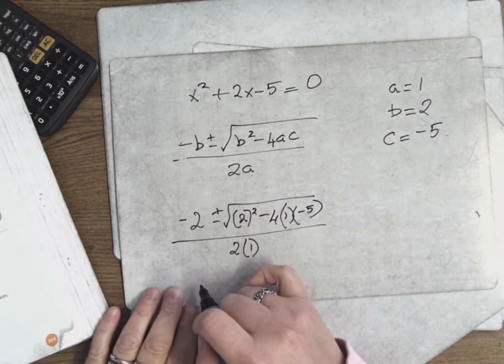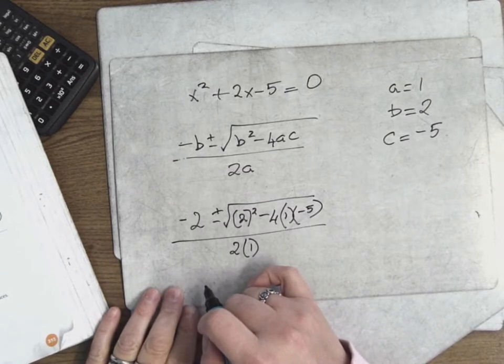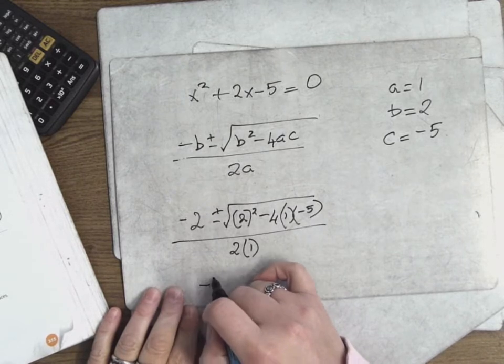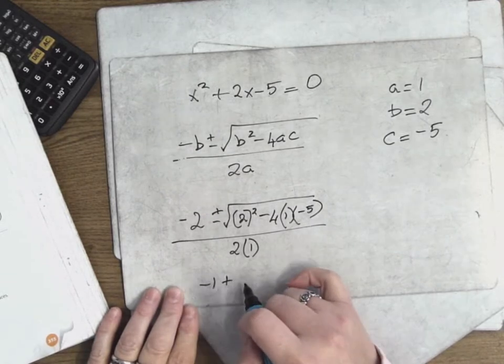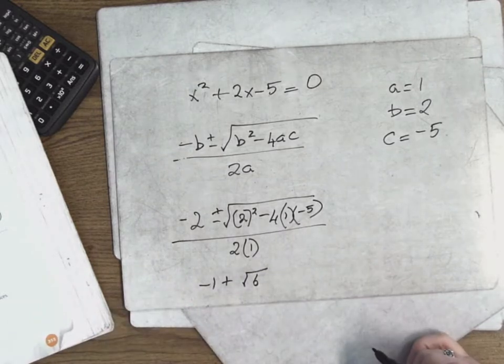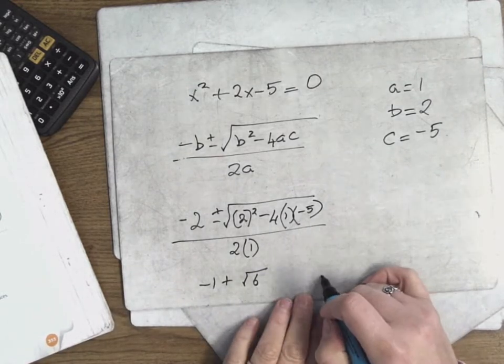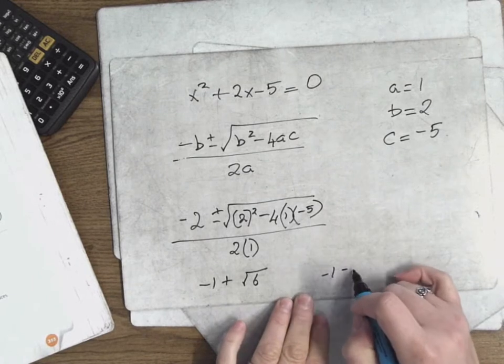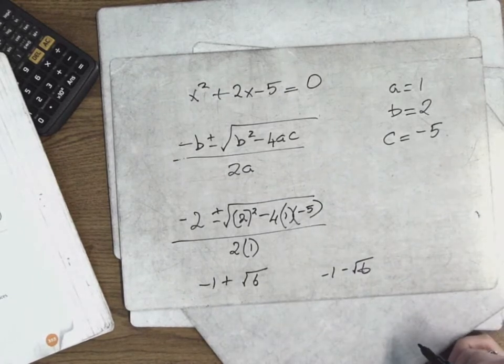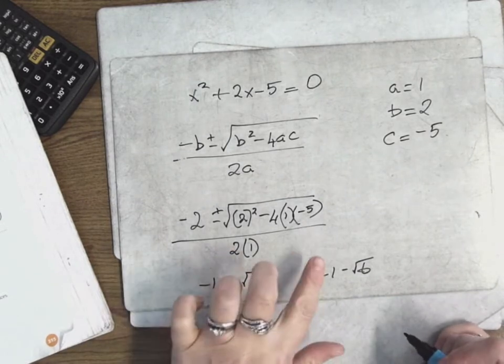Is that what you got? Okay, minus 1 plus root 6. And the other answer, you go back and change it and you get minus 1 minus root 6. And they're your two answers. So it's just calculator work from there.